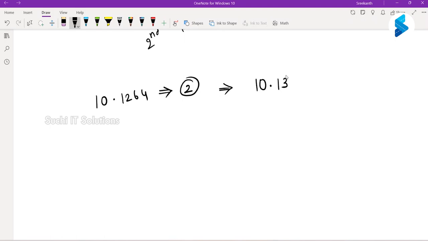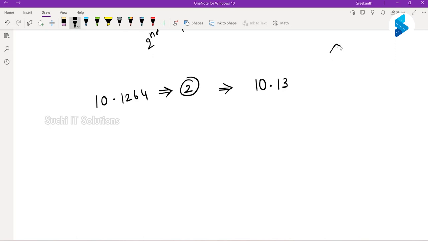Why are we rounding it to 10.13? The number after 2 is greater than 5, sir. Right, so we are adding one to that number.